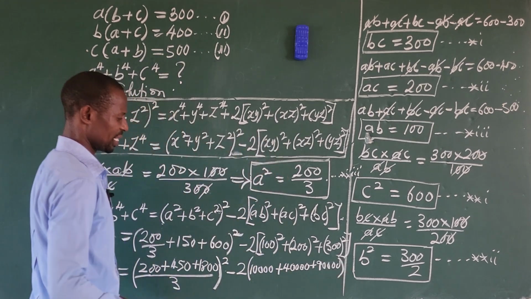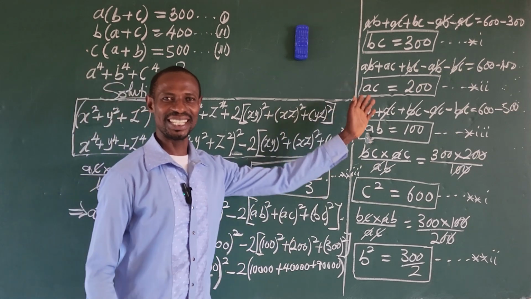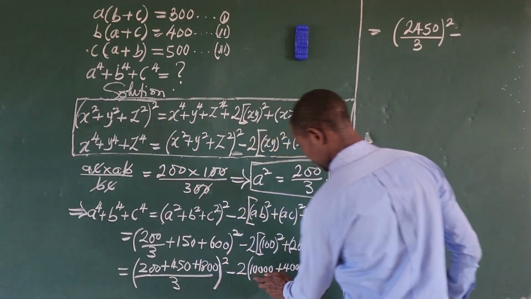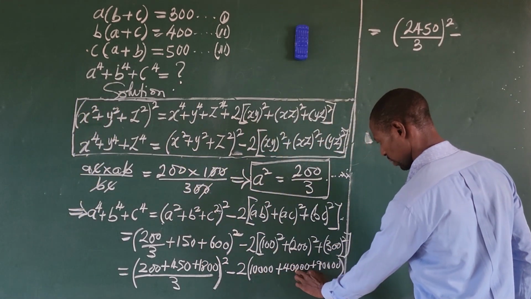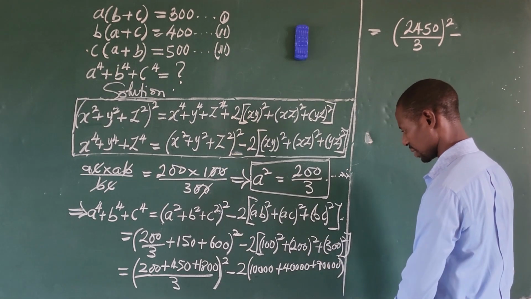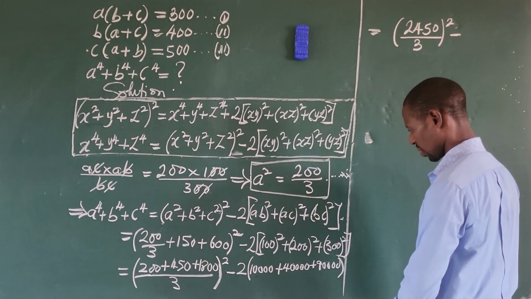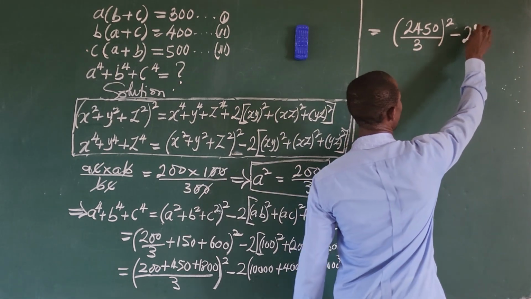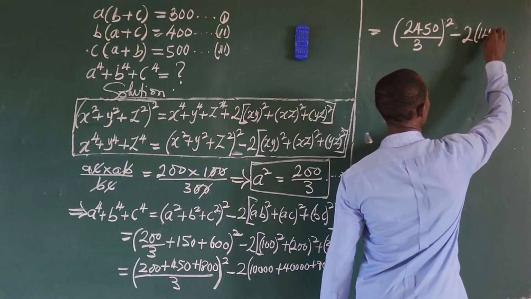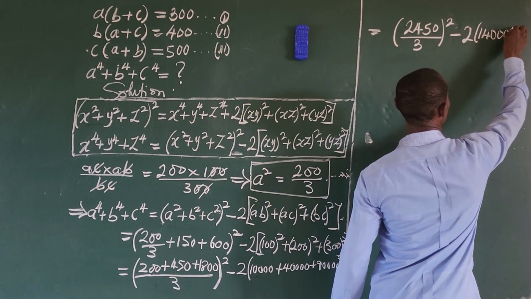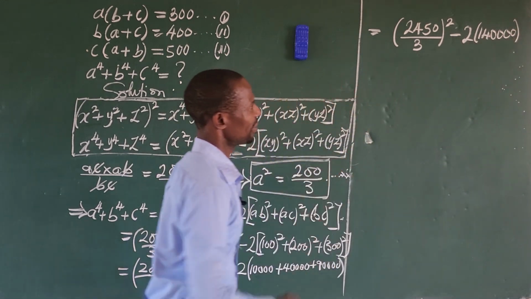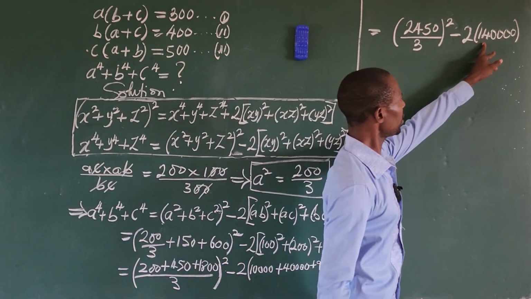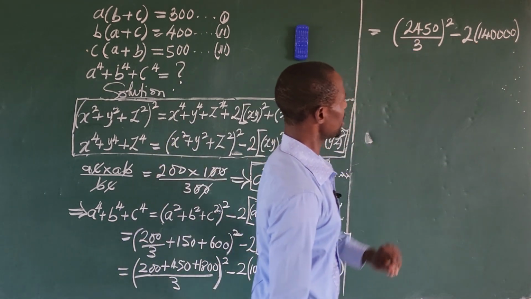We just have to manage this space here. So let's continue on this side again. If we add 10,000 plus 40,000 plus 90,000, that will give us 140,000. So we have our 2 into our 140,000 plus bracket. Okay, so we can go ahead to open up this and square this, right?